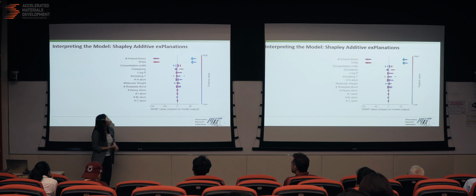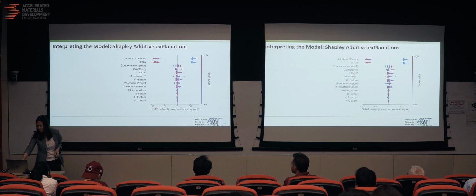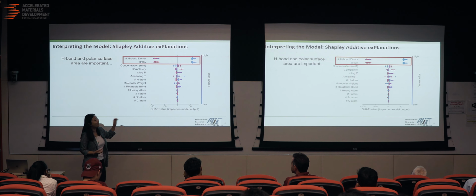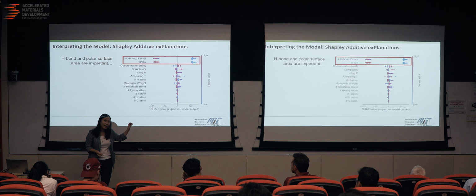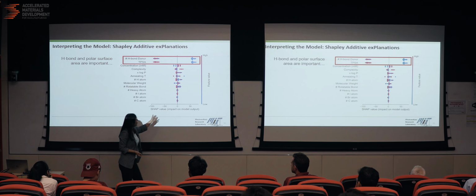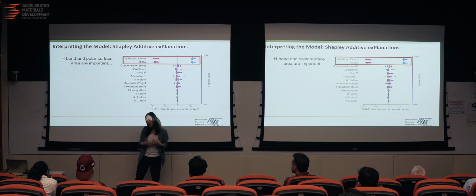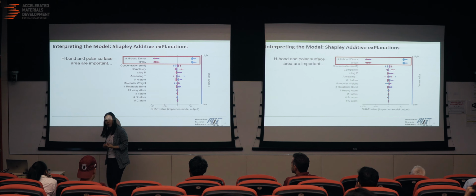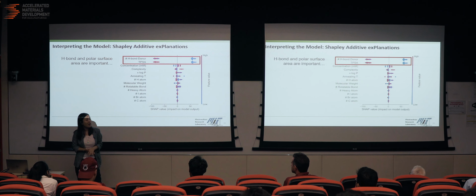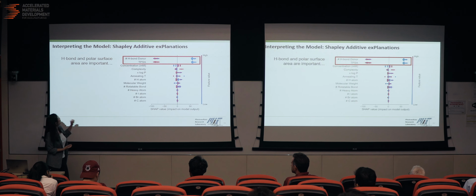What we can see is that, for example, the hydrogen bond and also the surface area are very important. Not only are they important, if they are negative, they have a positive effect on the result. So if your capping layer material has a minimum number of hydrogen bonds and a very small surface area in terms of the polar area, that is good.